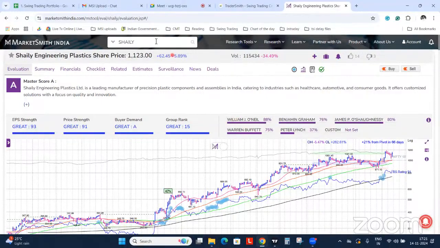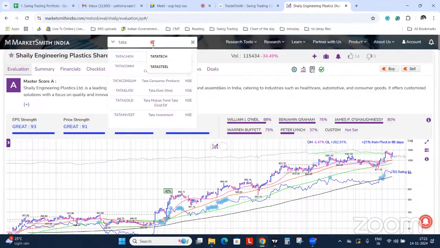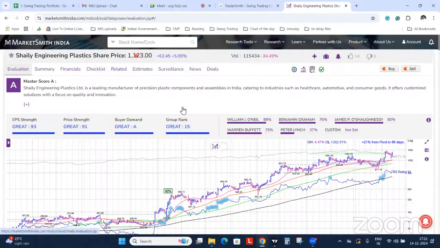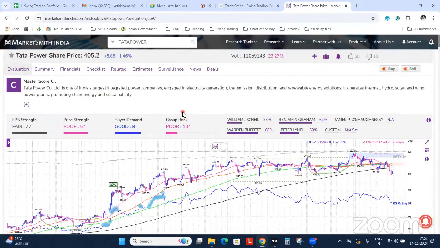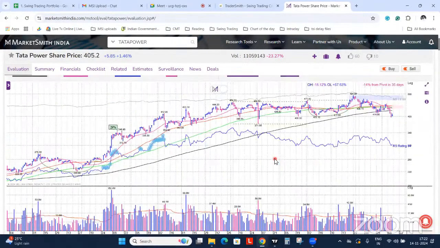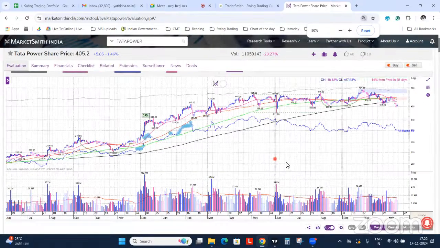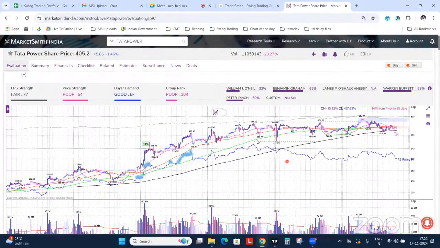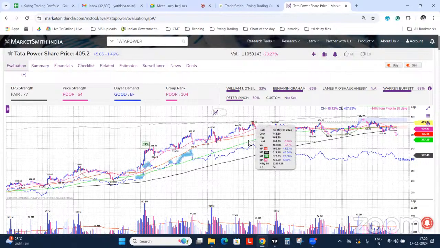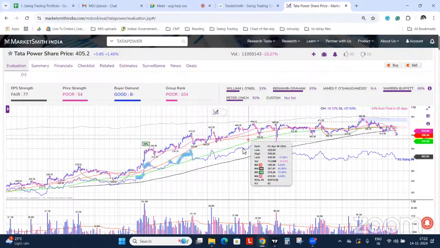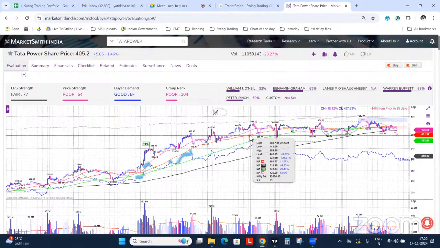Next is Tata Power. If you look at the last four to five months, it was in a consolidation area. From April, or rather May onward, it was in a broader consolidation area of roughly 460-470 on the upside and approximately 400 on the downside. Now it has reached the 200 DMA and is near the lower band of that consolidation area, almost 400.